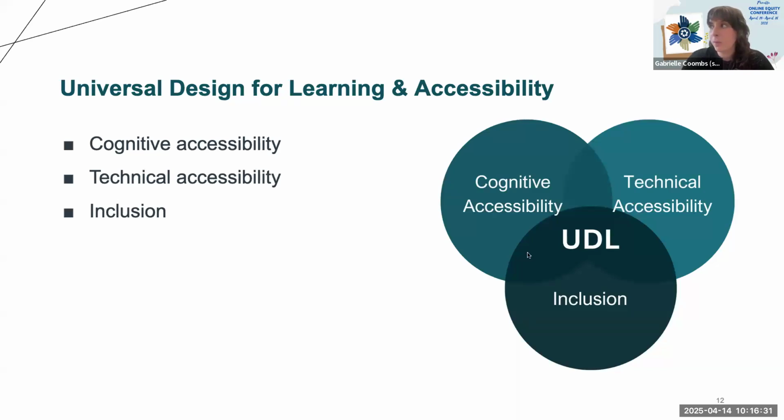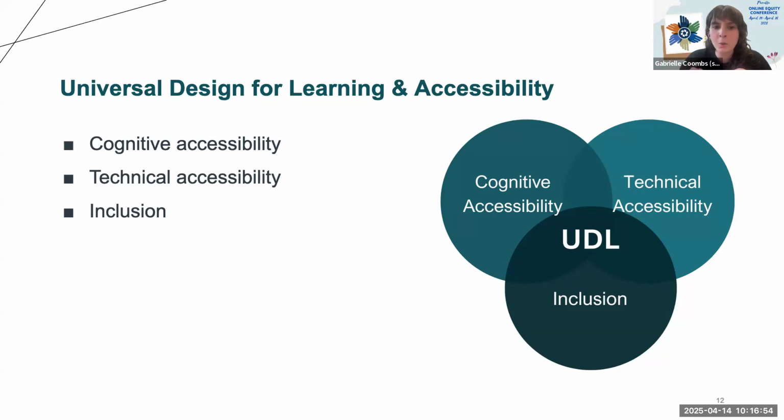So if we're thinking from a cognitive accessibility standpoint, thinking about clear representation of content. So that's going to help students decode information quickly. So using things like your layout, headings, and visual cues to break up the content. If we're thinking about technical accessibility, we're thinking about paying attention to color contrast, alt text for images.